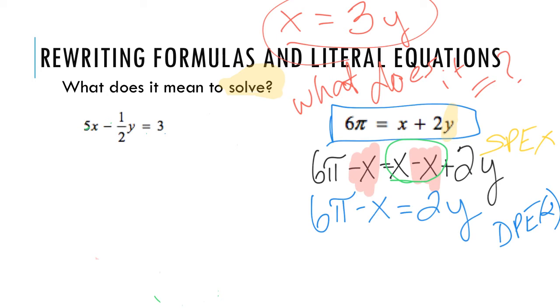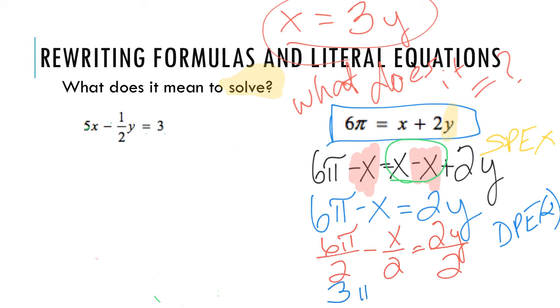So I get 6 pi divided by 2 minus x divided by 2 equals 2y divided by 2. When I simplify that, I get 3 pi minus x over 2 equals y. And that is solved for y.